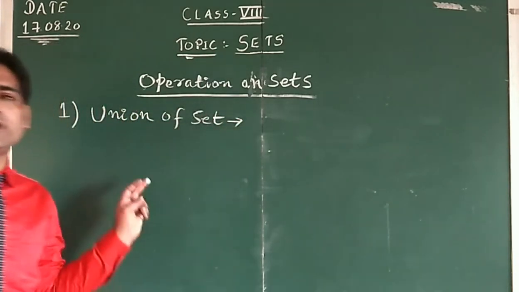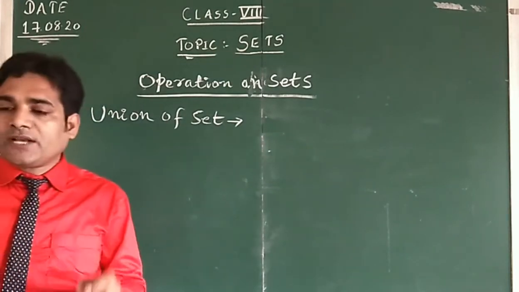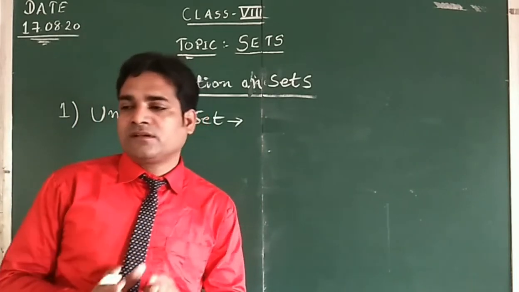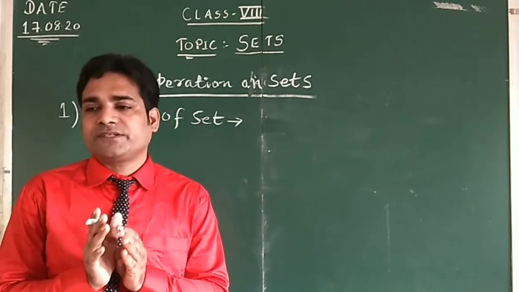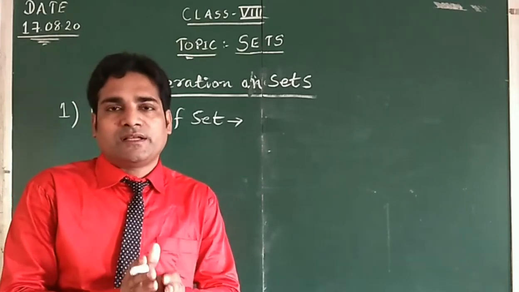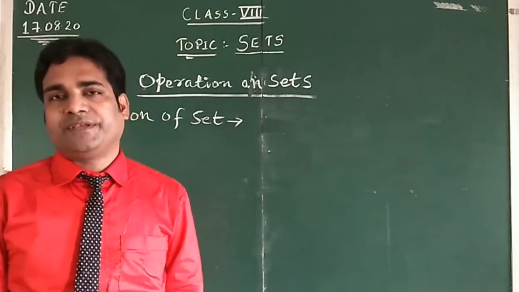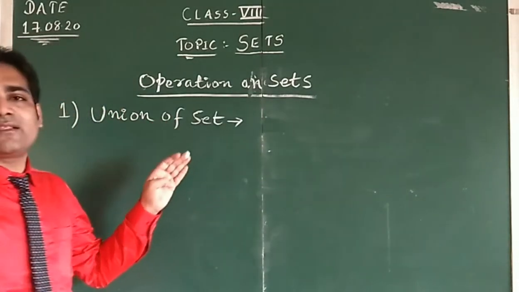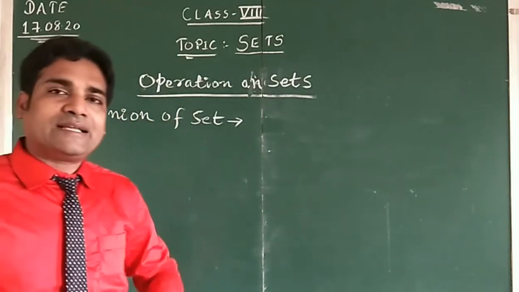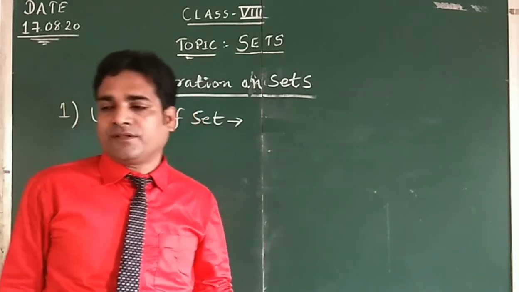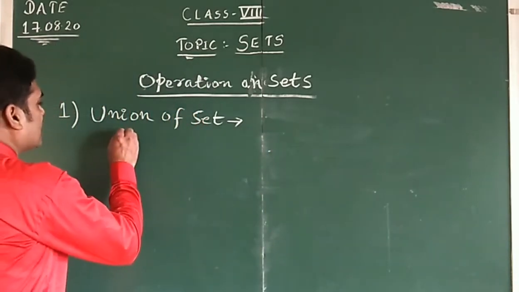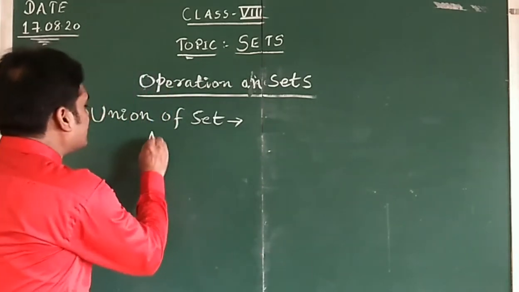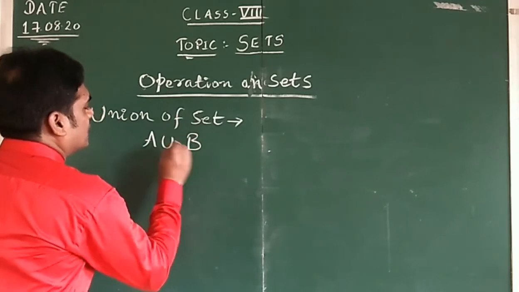What is this union of sets? The union of sets A and B is the set containing all those elements which belong to either A or B. That means it is the set containing elements in either set A or set B. Suppose you have to write A union B. This is the symbol of union.